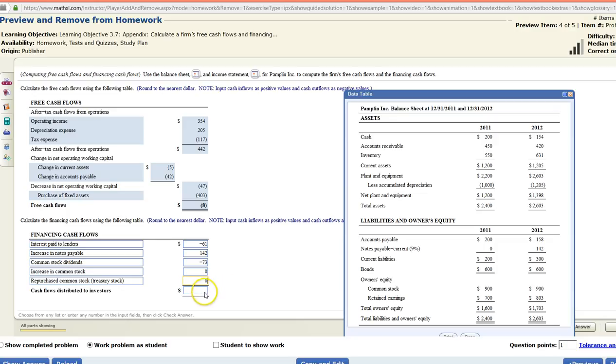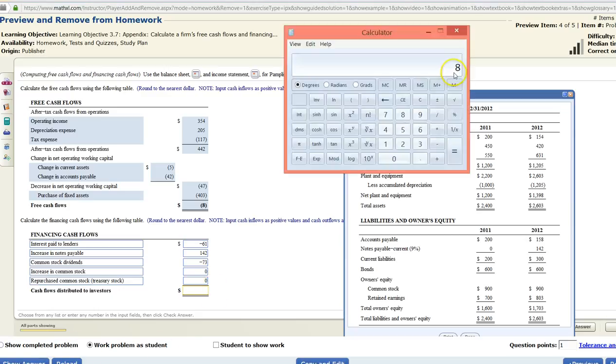Okay. So cash flow distributed to investors is simply the sum of all these numbers here. Again, we don't have to do any deductions here because we already took care of the signs. We just need to sum them up. And that gives us the final financing cash flow. And this gives me 8.